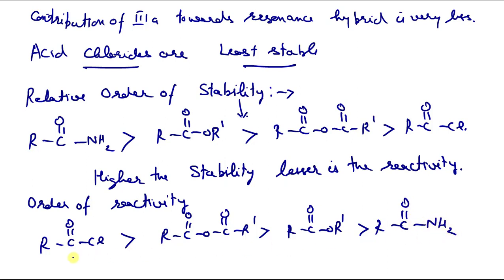So this is the order of reactivity considering their relative order of stability, which we explained by first drawing their resonating structures, then seeing the various factors that stabilize those structures: electronegativity and overlap among orbitals. Now the second approach will be on the basis of leaving group.